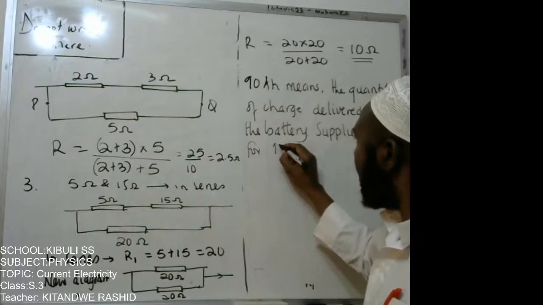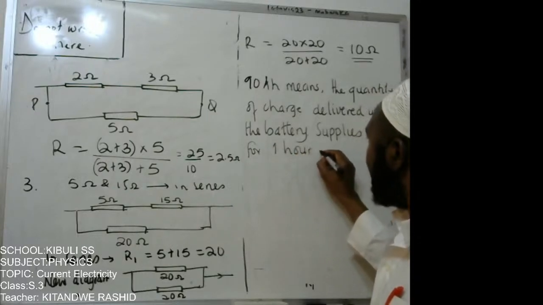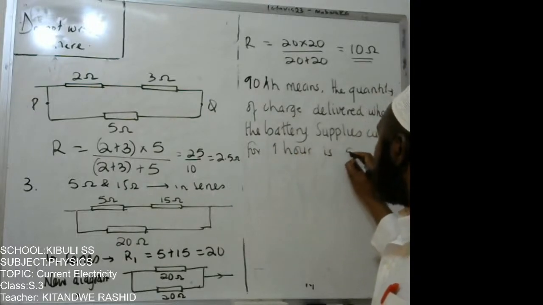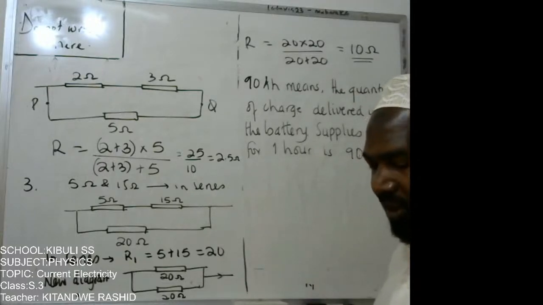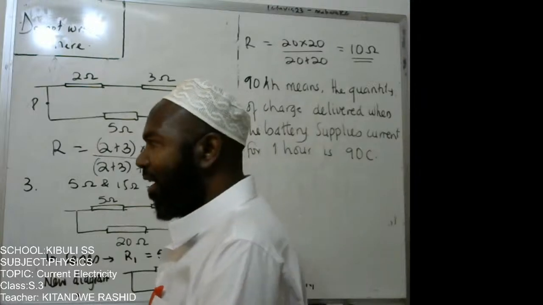That quantity of charge is 90 coulombs. That is what we mean by ampere hour.